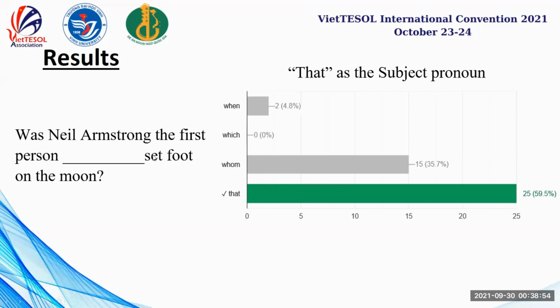As you can see here, we have the first question, which has a superlative structure, which needs the use of that. However, 17 of the students here chose when and whom instead of that.